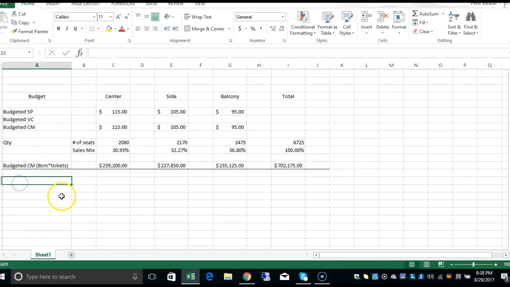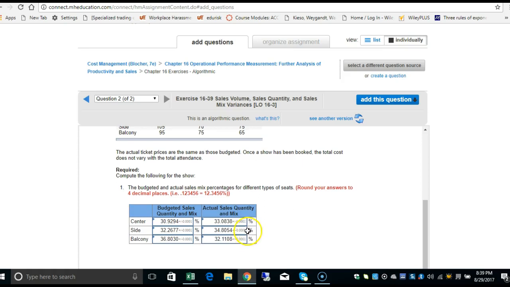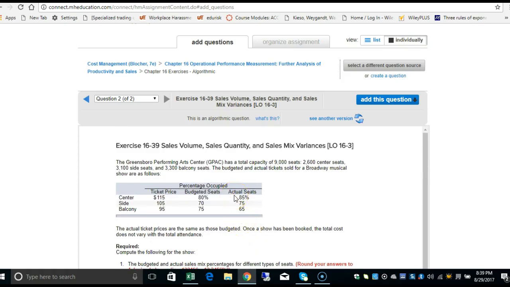On the actual side, again, we're going to do the total tickets actually sold for the period based on the information they gave us.